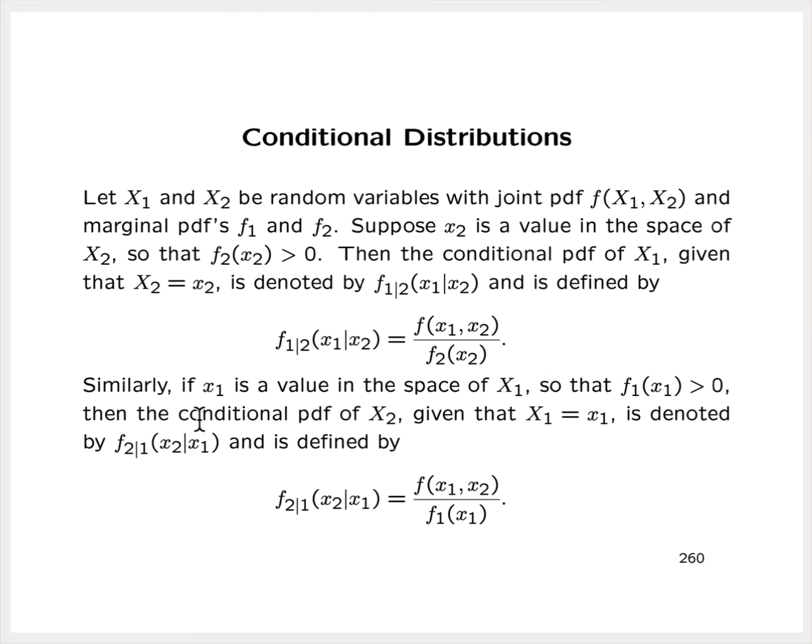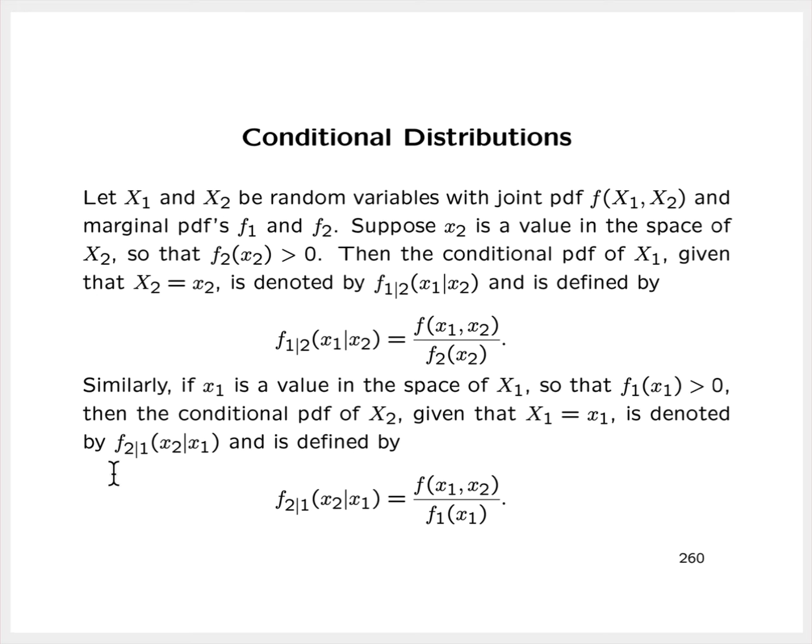In the same way, if x1 is a value in the space of the random variable X1, so that the marginal PDF of X1 is positive when evaluated at that value, then the conditional PDF of X2, given that the random variable X1 is equal to that specified value of x1, will be denoted in the following way.